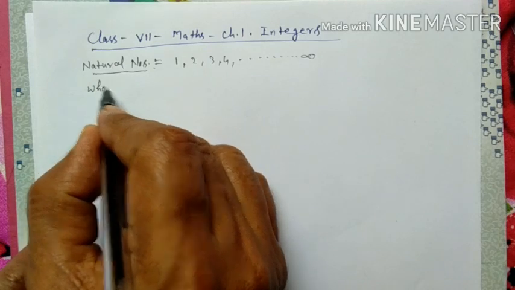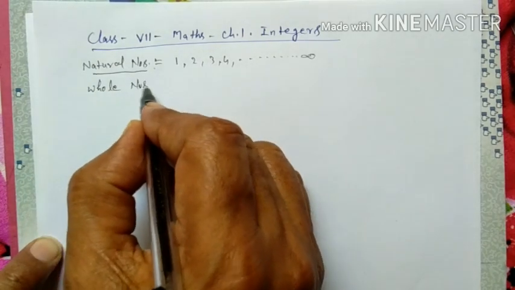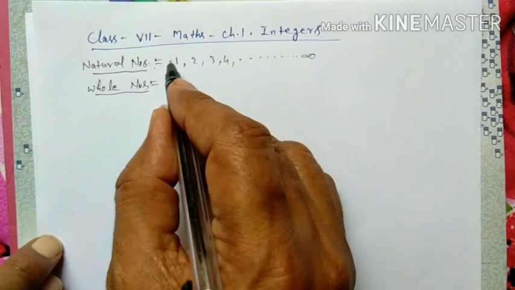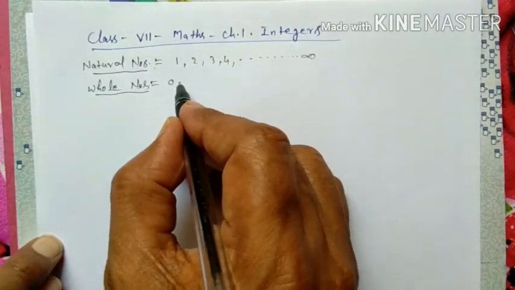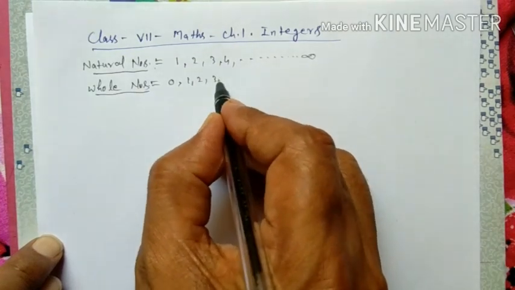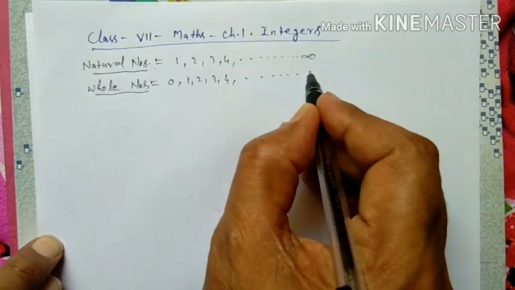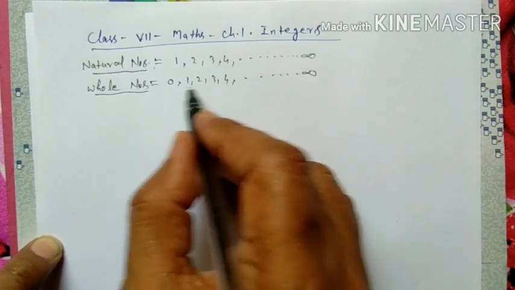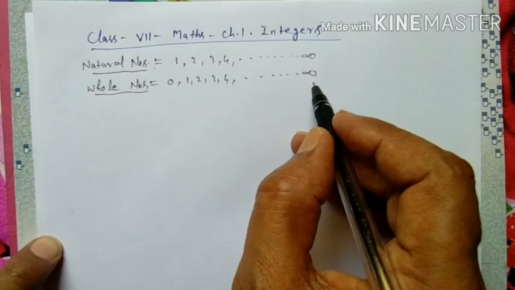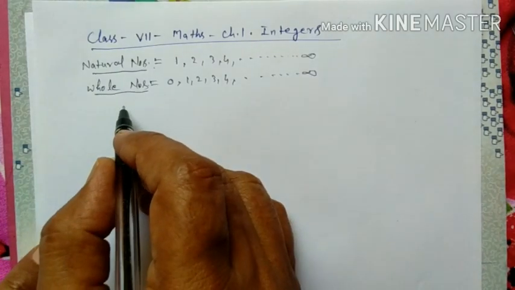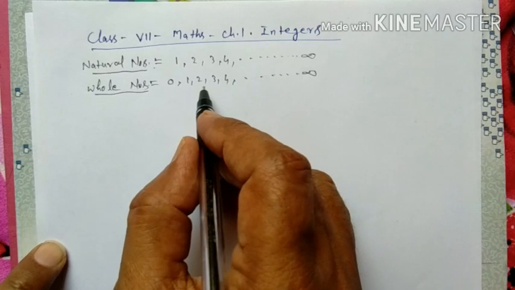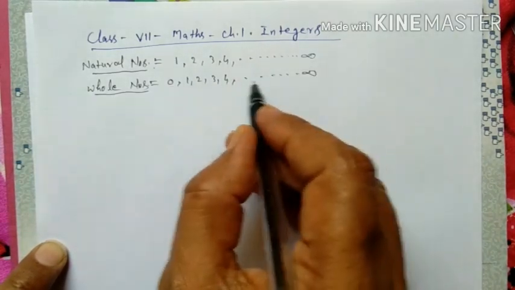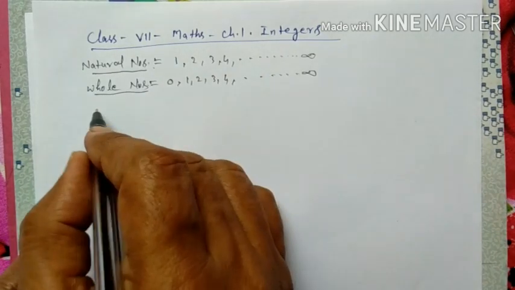The second kind of number is whole numbers. When we include 0, we get 0, 1, 2, 3, 4, up to infinity. The smallest whole number is 0 and the greatest whole number is not defined. And when we take the negative sign together with these whole numbers, we get integers.